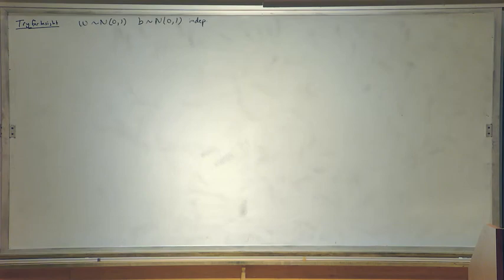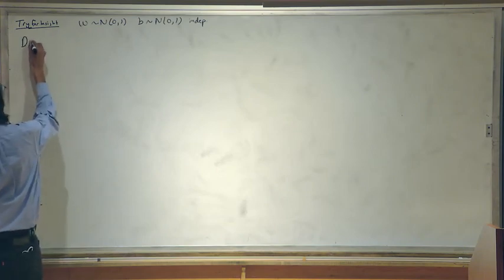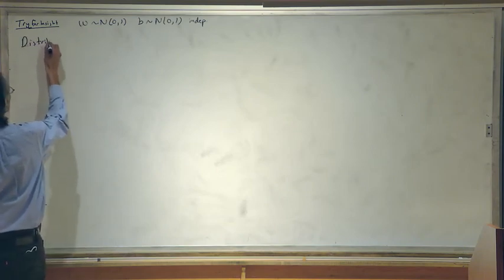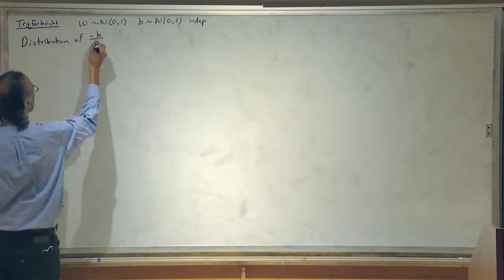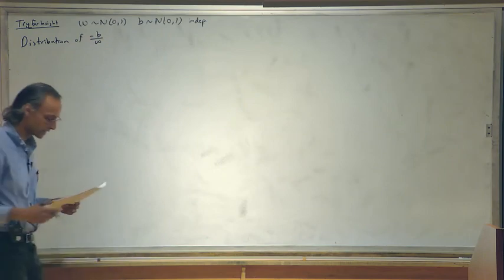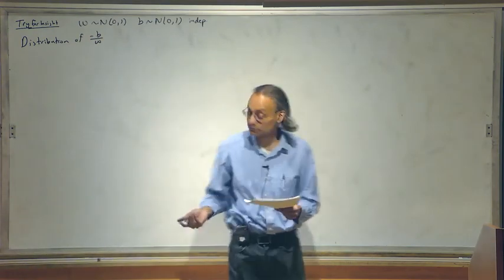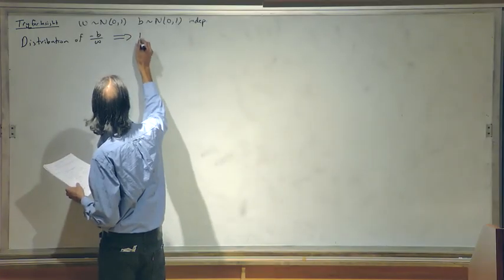So how is minus b over w distributed? We won't do the math to calculate this distribution. It's a standard distribution. It turns out to be Cauchy.